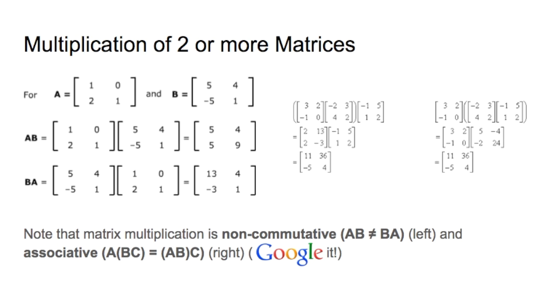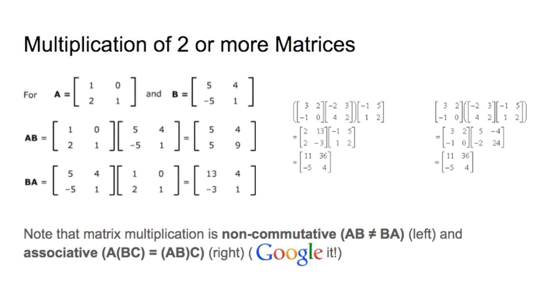And so here are some properties of what you get when you multiply 2 or more matrices. And do note that based on the picture on the left, matrix multiplication is non-commutative, which means that matrix A multiplied by matrix B is not equal to matrix B multiplied by matrix A. This can be shown on the image on the left.